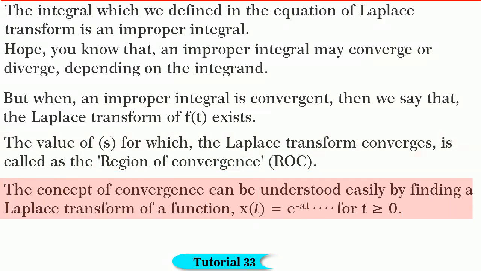The concept of region of convergence can be understood easily by finding a Laplace transform of a function x of t is equal to e to the power of minus at for t greater than or equal to 0.